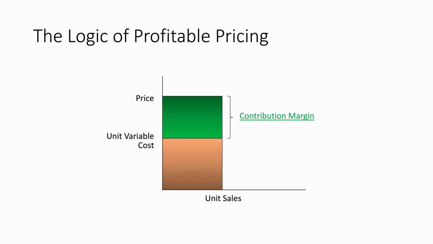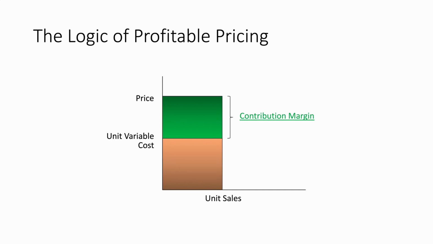The green block here is contribution margin. That is the price minus the variable cost times the unit sales. That green square is what gives us the total contribution margin from price. And the brown square is the total cost.